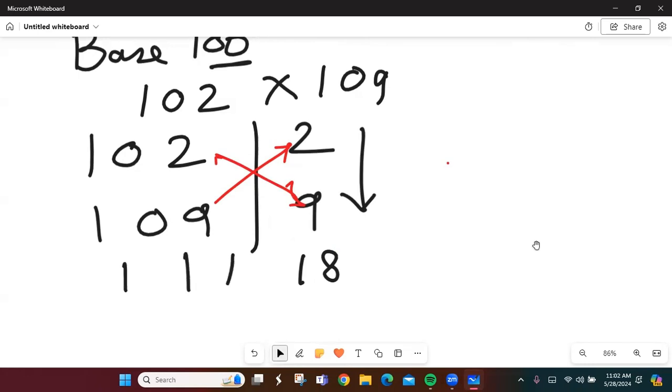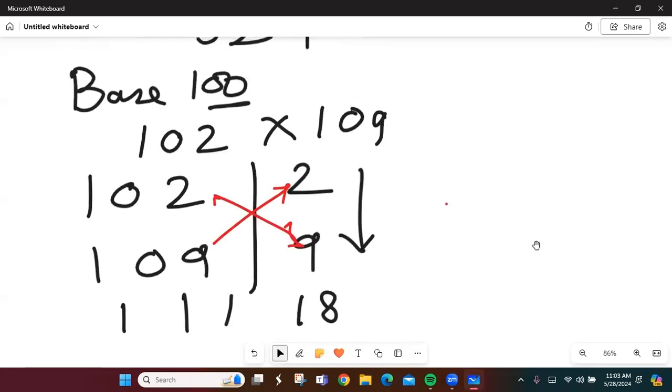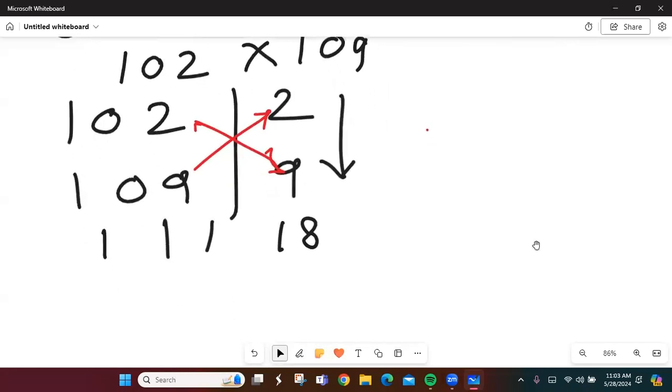And now since we are dealing with base 100, in the second partition there will be 2 digits. So I will keep 18 as it is.